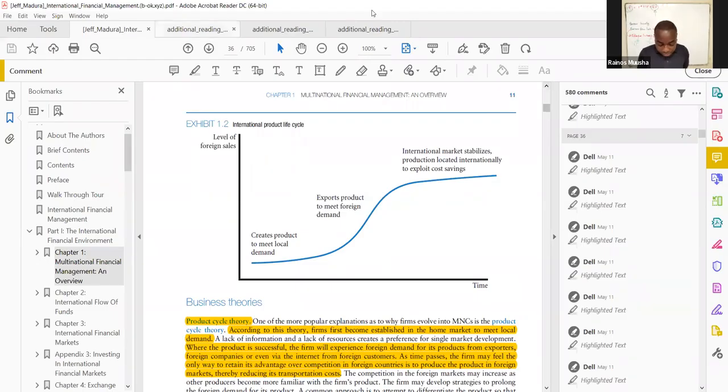So when you look at the product cycle theory, here they're saying, when you look at the level of sales against time, initially the firm creates the product to meet local demand. Then over time, because of the increase in demand, not only locally but from foreign customers as well, the firm starts to export the product to meet foreign demand.